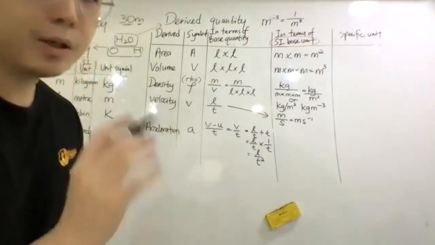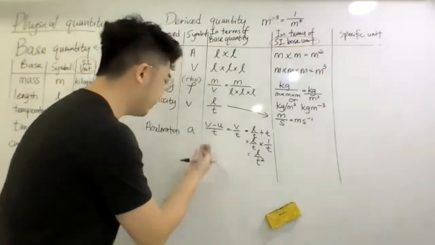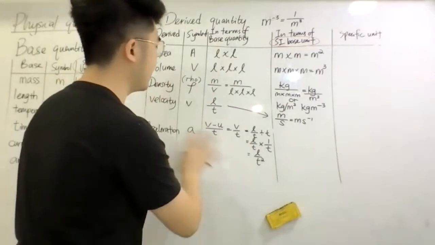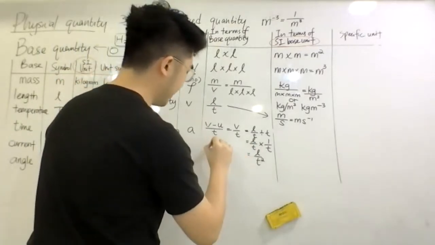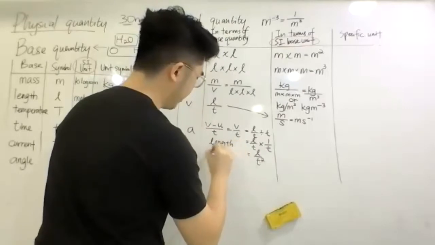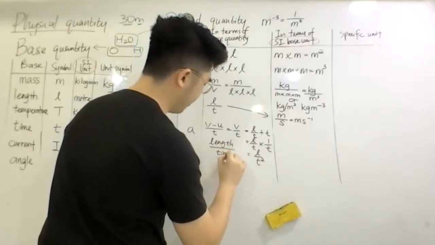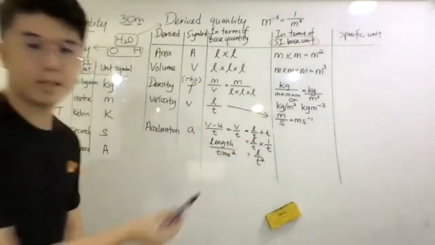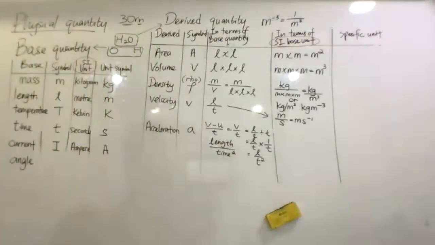How will they ask you? They say, okay, A, B, C, D, pick the one that represents acceleration. This is length over time squared. Acceleration is length over time squared.